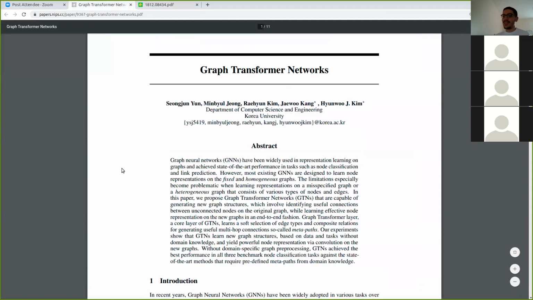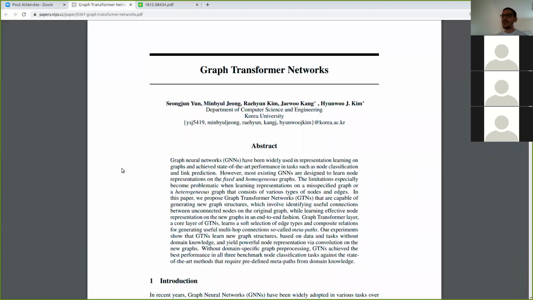Okay, so the paper is on GTN. The problem that the paper claims to solve is that GNNs don't work particularly well on fixed and heterogeneous graphs. Heterogeneous graphs are ones where there is information about different types of nodes and different types of edges, and you want to find a way to encode that in your model to make the most of that information.